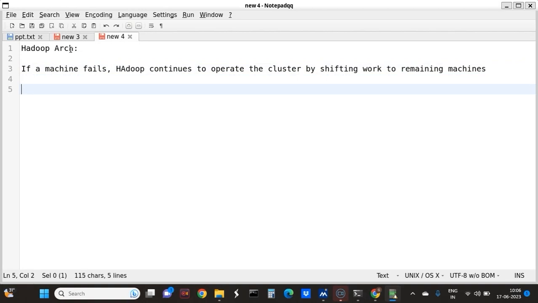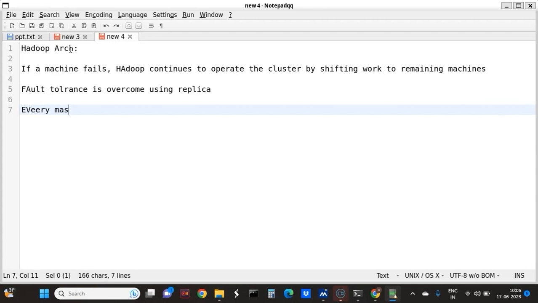Fault tolerance is overcome using a replica. Every master or slave node has a replica, and the replica can be more than one, more than two.